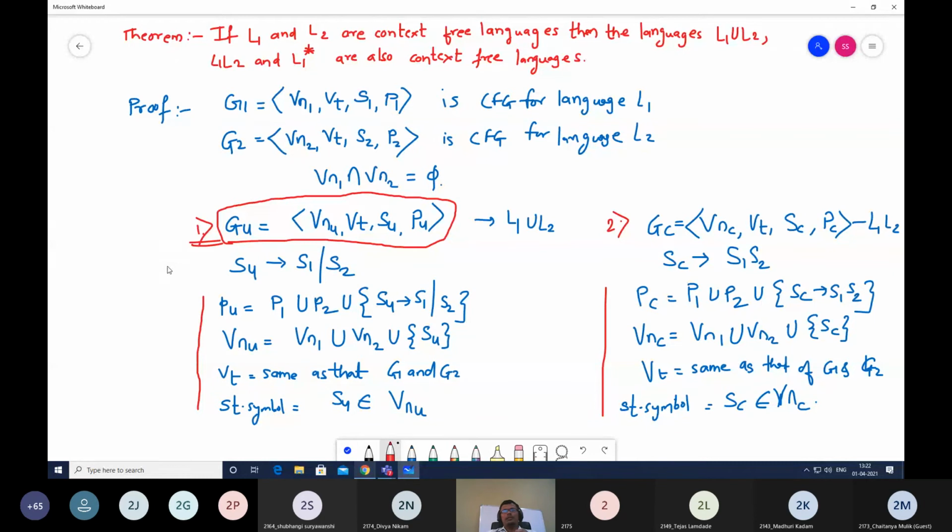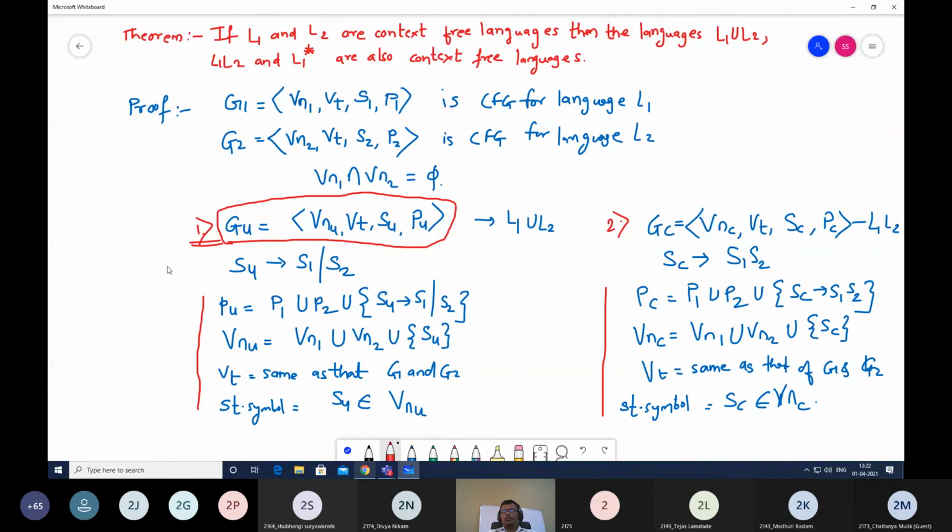GU is the union grammar for language L1 union L2, whose four tuples are VNU, VT, SU, and PU. For generating this grammar, first we write its production rule. So we take the first production rule in the form of SU gives S1 or S2, as this is a union machine. And the total production rules will be P1 union P2 union this new production rule that we have added, that is SU gives S1 or S2.